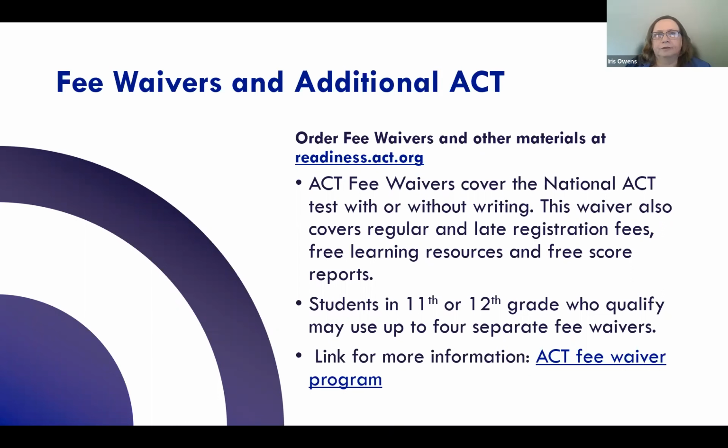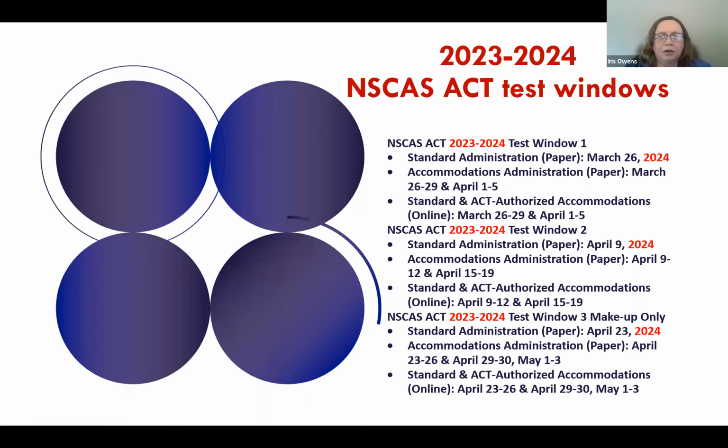Okay, next. I'm almost out. I've got this and one last one. So I wanted to share with you, and I put this in red because this is 2023, 2024 test dates. March 26th, April 9th, and April 23 are going to be the paper test dates.